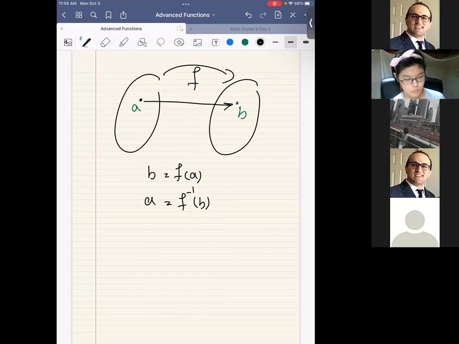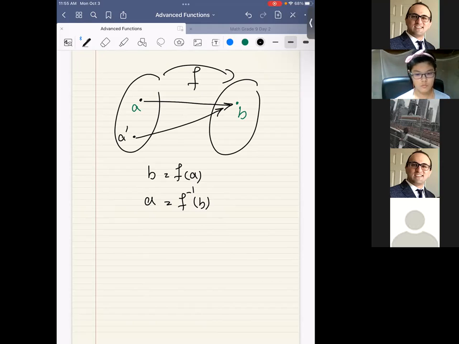But in order to have an inverse, a function has to be one-to-one. That means if you have another element A prime, and A prime also goes to B, then this function cannot have an inverse. Because if you want to say what is f inverse of B, you have two options, A or A prime.